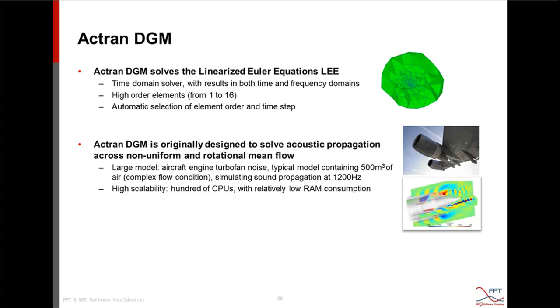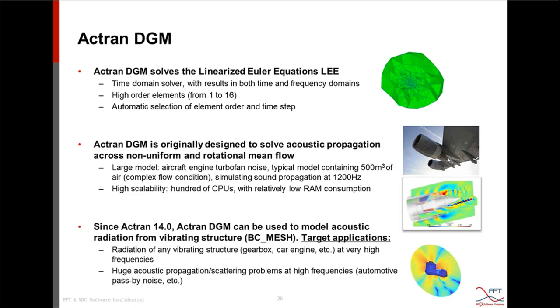Typically today we can solve a DGM model including 500 cubic meters of air with complex convection conditions, simulating up to 1200 Hertz. And the second attribute of DGM is that it's highly scalable. Typically we can run a huge DGM model on hundreds or even thousands of CPUs, with each CPU requiring only very low memory consumption.